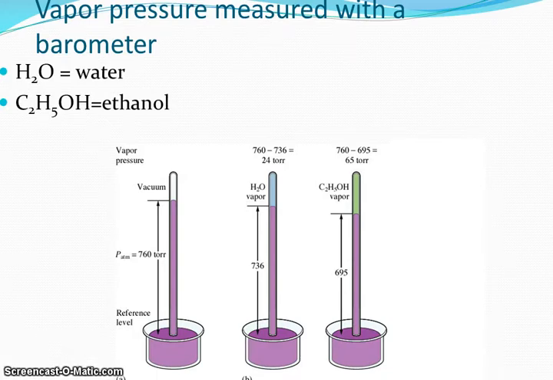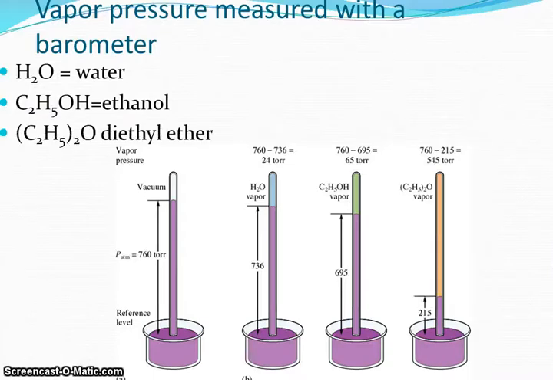Ethanol is going to change from a liquid to a gas until equilibrium is established. As the gas is produced, the pressure exerted on our column of mercury increases. The difference between the original pressure at 760 and the new pressure gives us the vapor pressure of our ethanol.